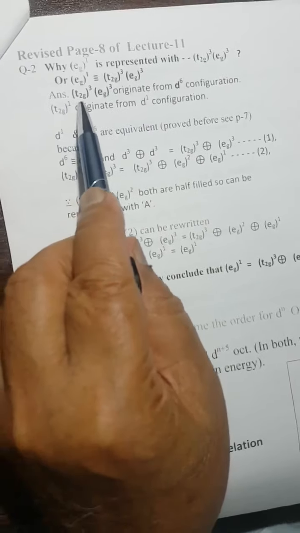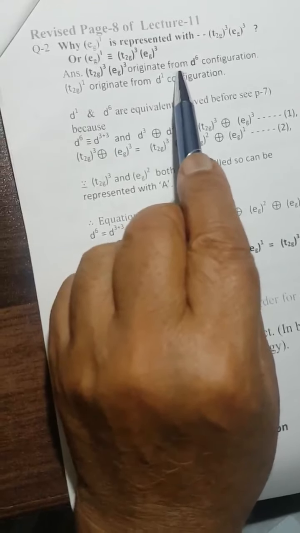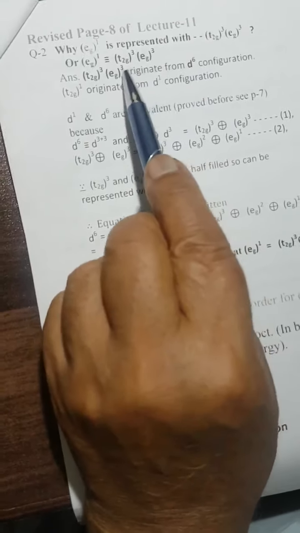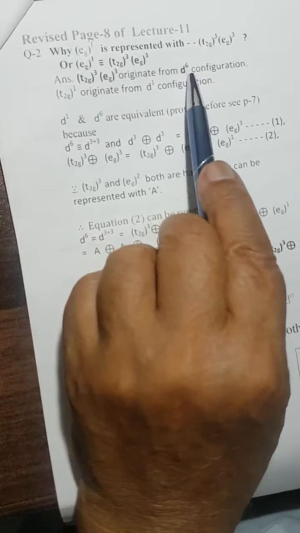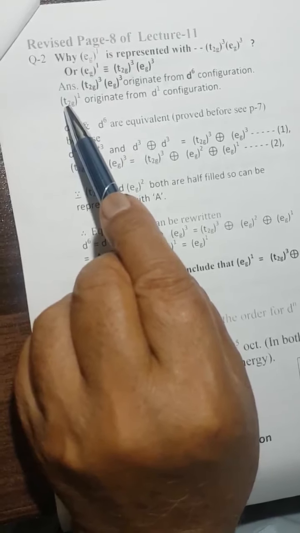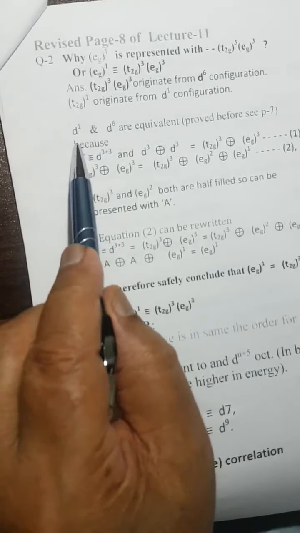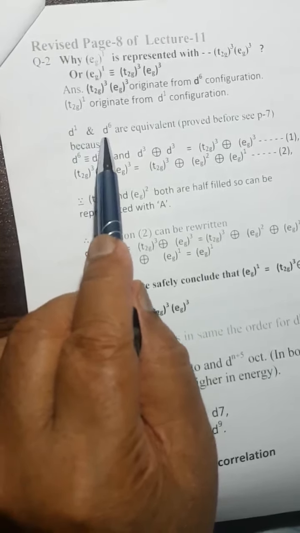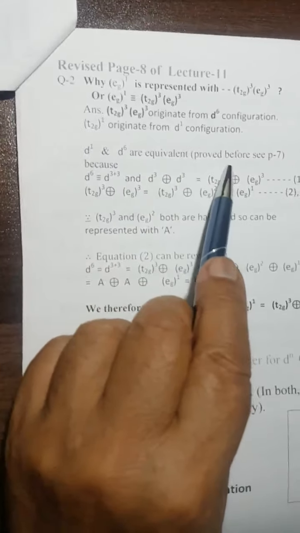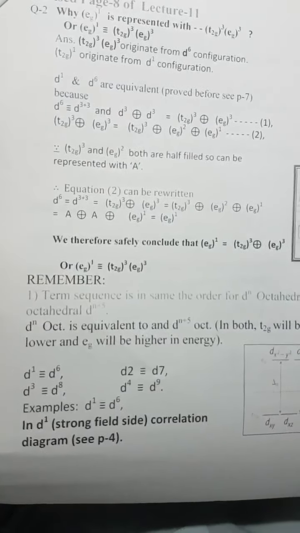Okay, answer: t2g, this orientation, originates from d6. This is a d6 system. And this also, t2g1, comes from d1. d1 and d6 are equivalent. This is proved before on page 7, just one page before.